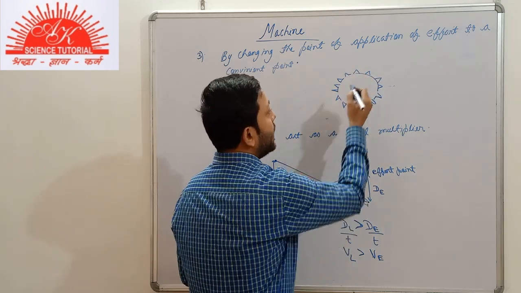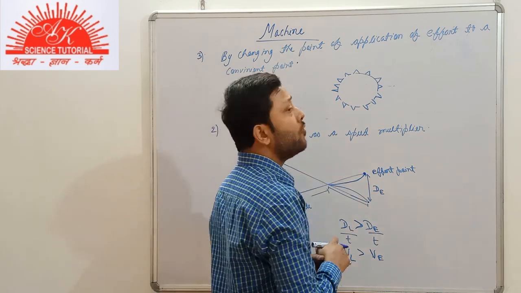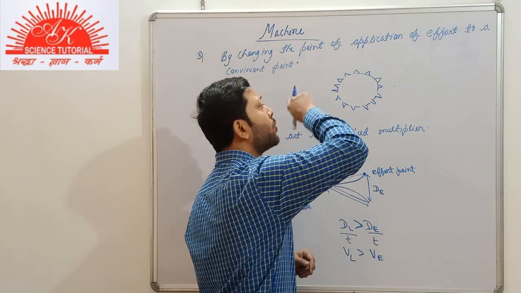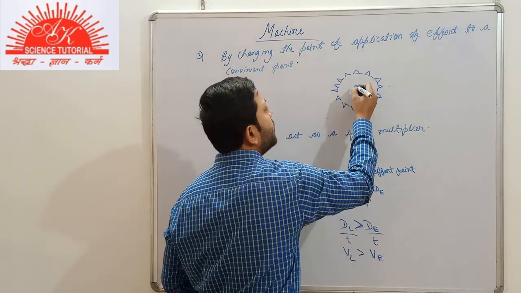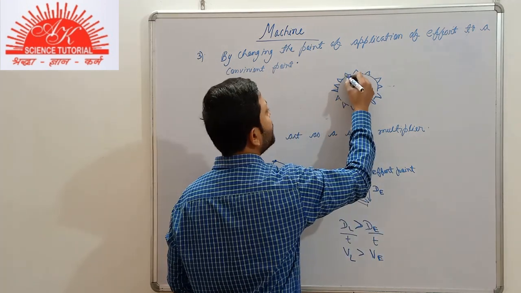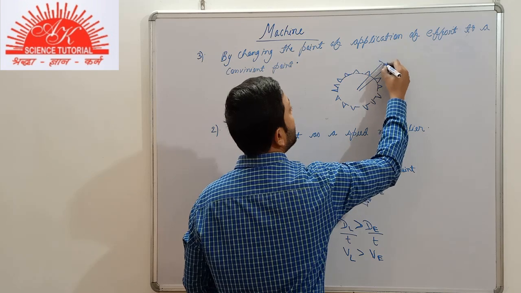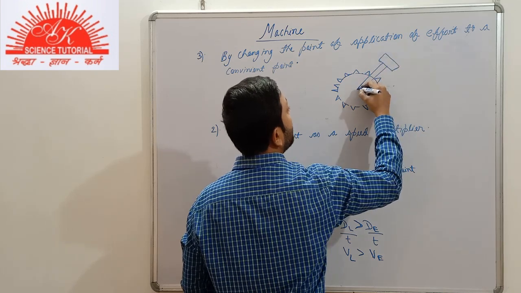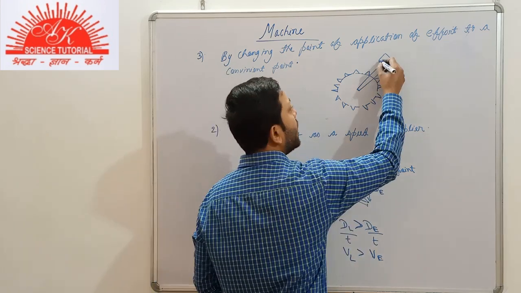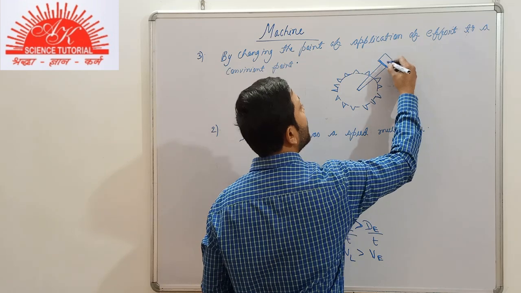Now suppose we are not provided with the pedal, then where do we apply the force to rotate this toothed wheel to produce the torque? We can apply the force over here or here, at any position. But if we attach a pedal over here, then our work becomes simpler. Now we can exert the force with our legs at the pedal.